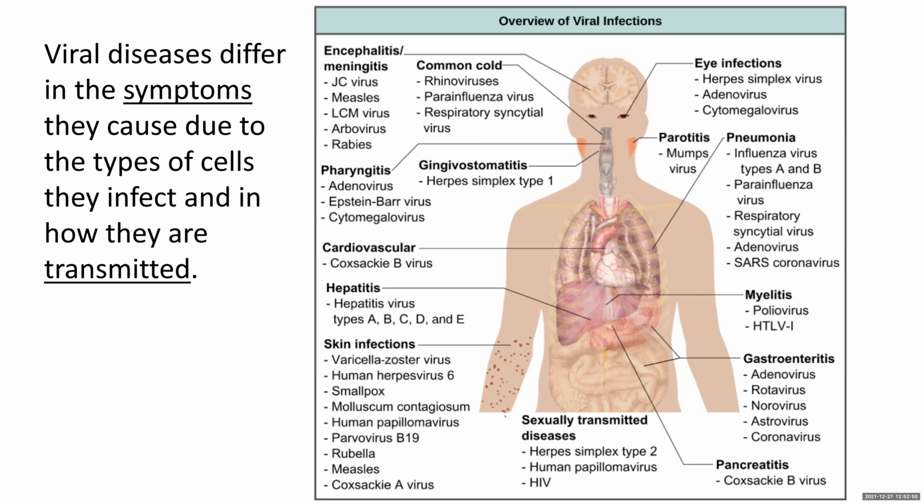So transmission is often going to be targeted towards getting the viral particles to the part of the host that they can infect. Sexually transmitted diseases are called that because they infect the reproductive organs. Respiratory diseases are often passed by droplets, by particles that are in the air when you sneeze or cough.